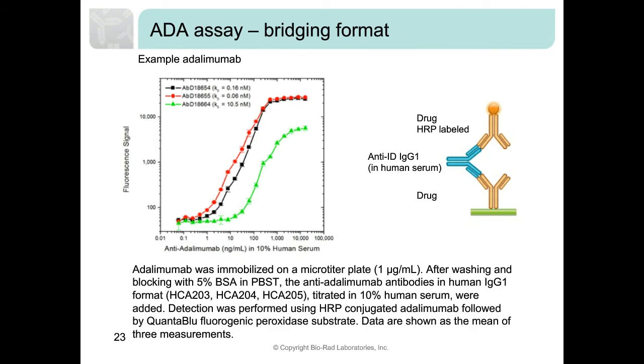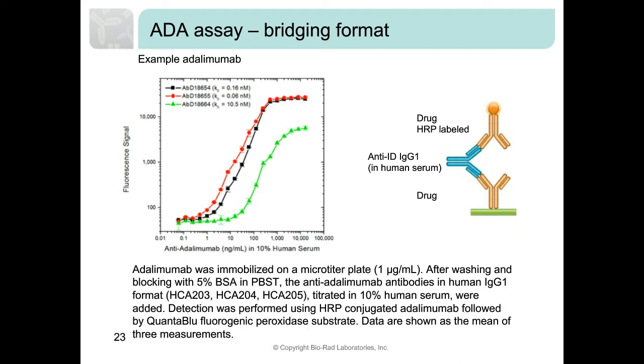Adalimumab was immobilized on a microtiter plate. After washing and blocking with 5% BSA and PBST, 3 different anti-adalimumab antibodies in human IgG1 format, these are catalog numbers HCA 203, 204, and 205, titrated in 10% human serum were added. Detection was performed using HRP conjugated adalimumab.